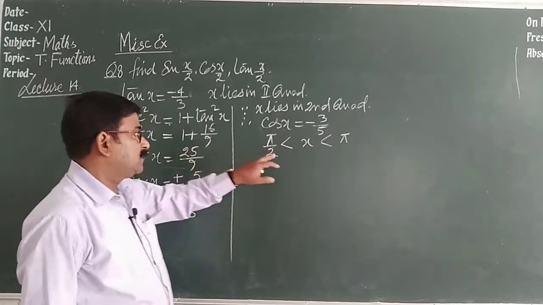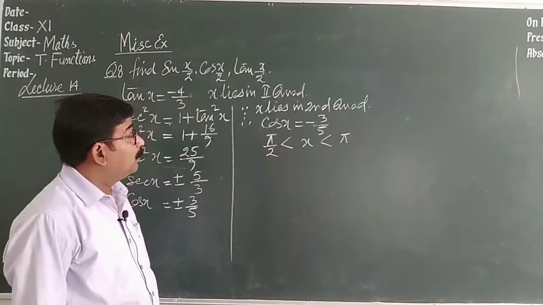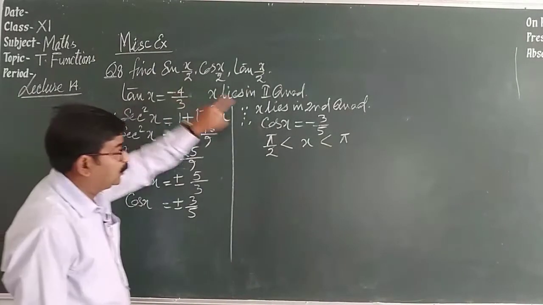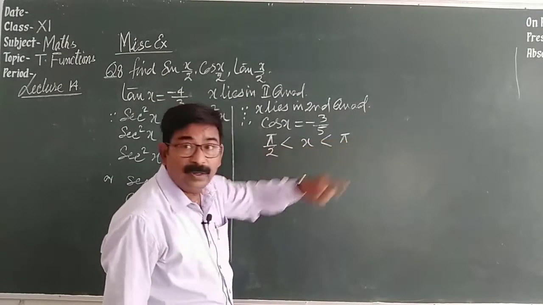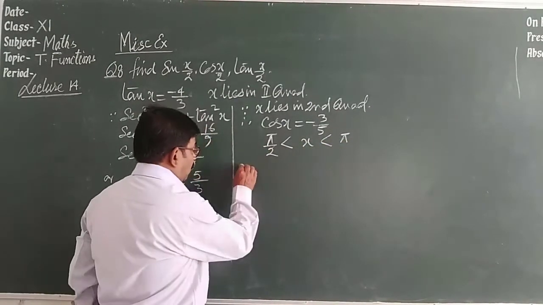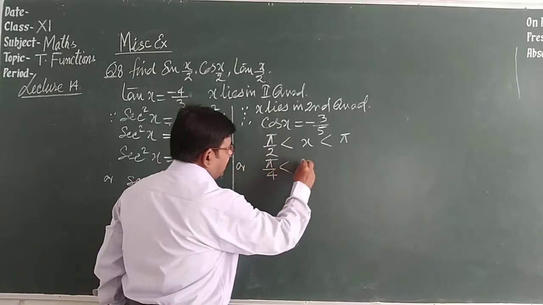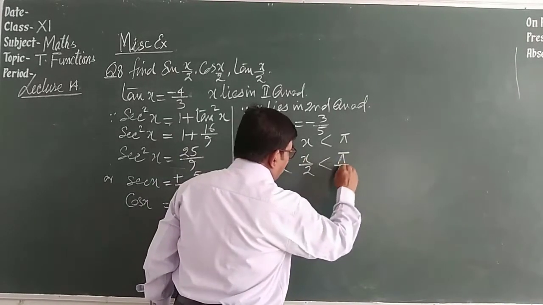But we have to bring x by 2, so divide the whole inequality by 2, or we can write pi by 4 is less than x by 2 is less than pi by 2.